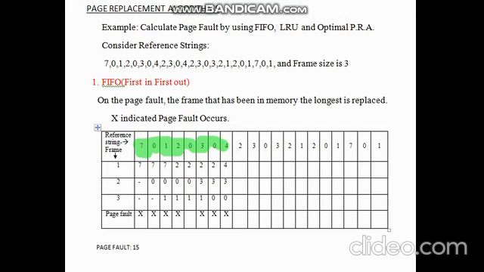By the FIFO algorithm, 4 is placed on 2 because 2 is first in, so 2 will be swapped out. Now the CPU demands page number 2, and it replaces 4 because 4 is first in, so 4 will be swapped out.